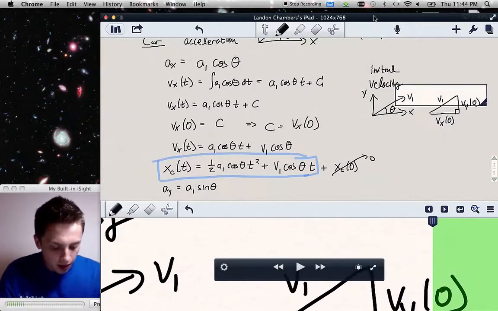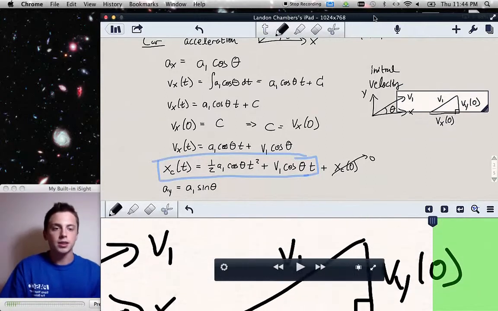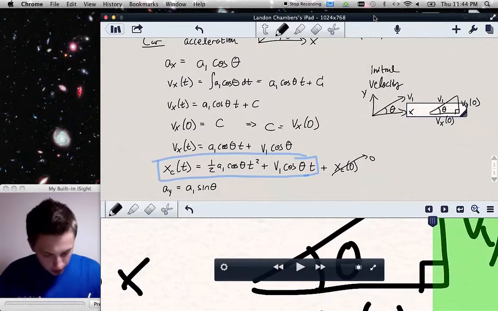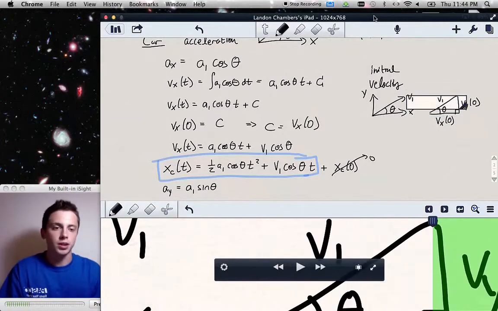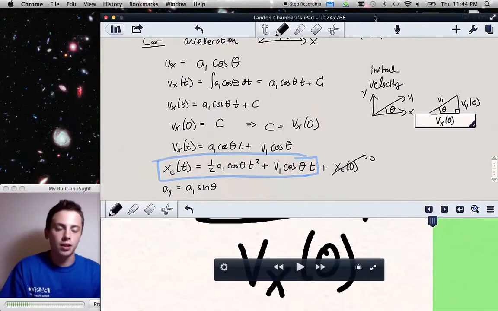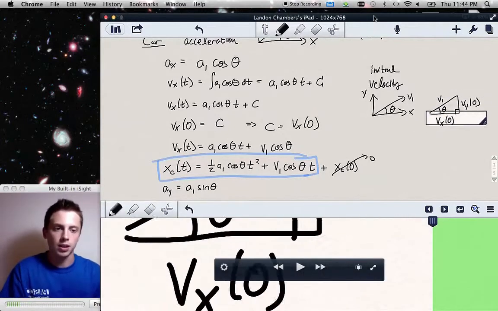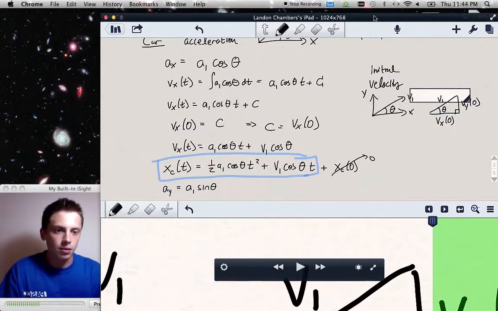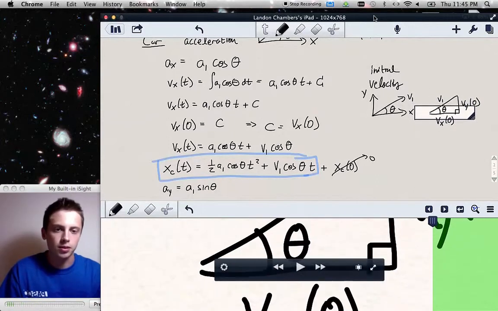So the components of this initial velocity v1 in the direction of theta are given by just simple trigonometry, and they're going to be the initial x velocity and the initial y velocity. The initial x velocity here is v1, the magnitude, times the cosine of theta, right?